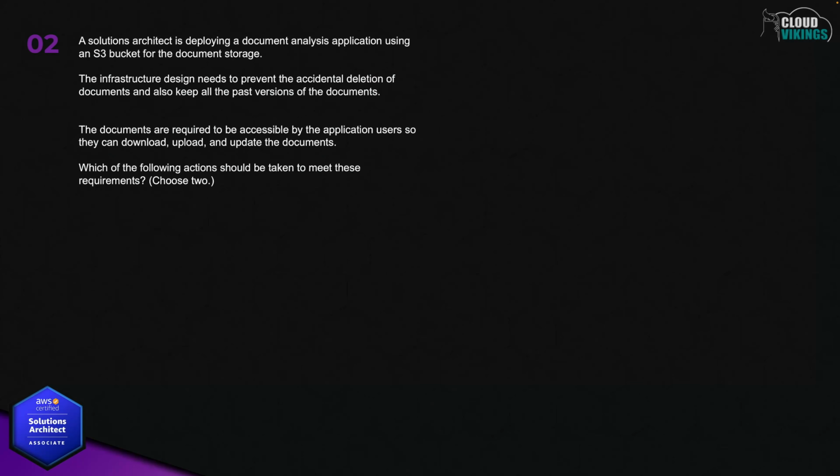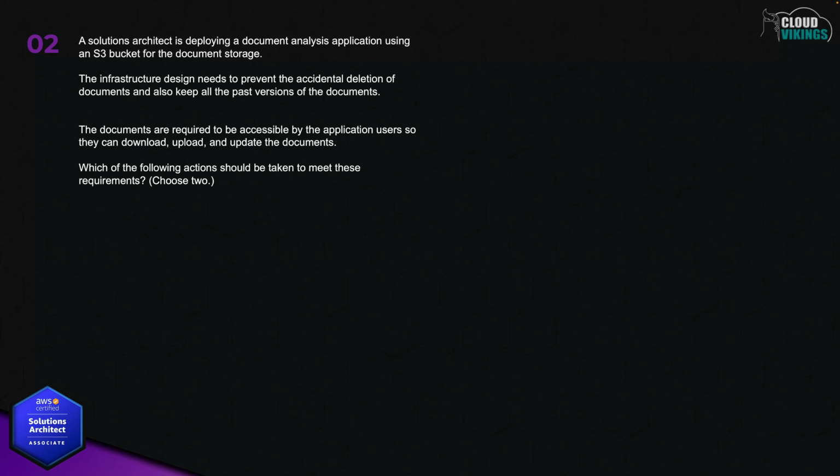Question 2. A solutions architect is deploying a document analysis application using an S3 bucket for the document storage. The infrastructure design needs to prevent the accidental deletion of documents and also keep all the past versions of the documents. The documents are required to be accessible by the application users so they can download, upload, and update the documents. Which of the following actions should be taken to meet these requirements?